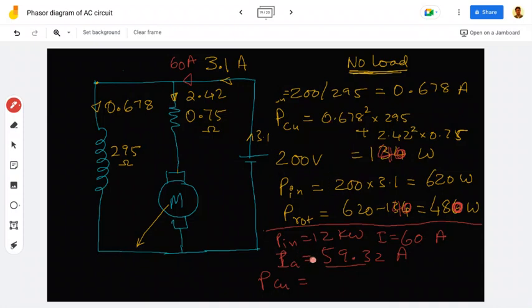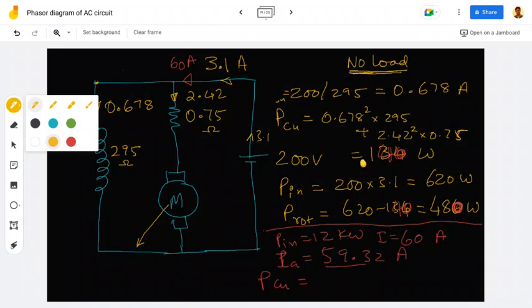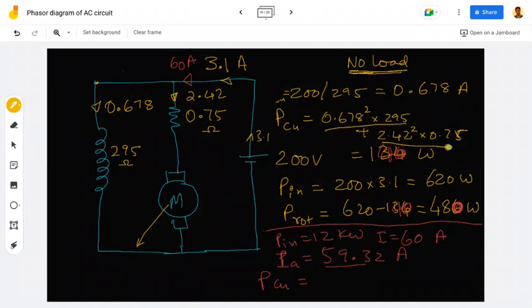Meanwhile, here I got the current, so now I can find the copper loss. This part will be the same, whereas this part will be different, so I'll just change the current value to 59.32.